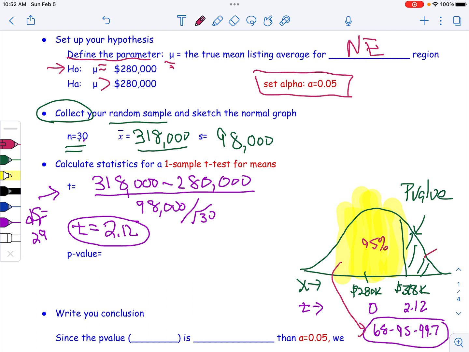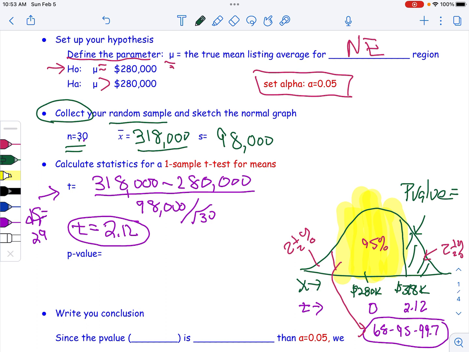So our guesstimate is that over here, we're going to estimate that this is 2.5%, because over here is 2.5%. So when we find our p-value, we're thinking that it's going to be around 2.5%.